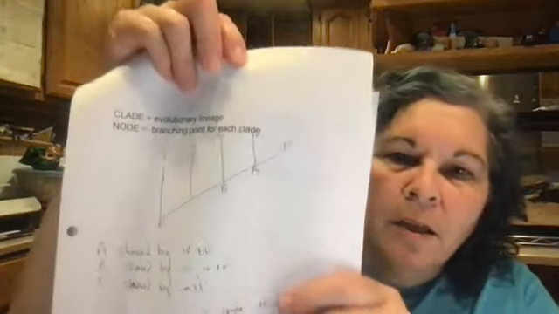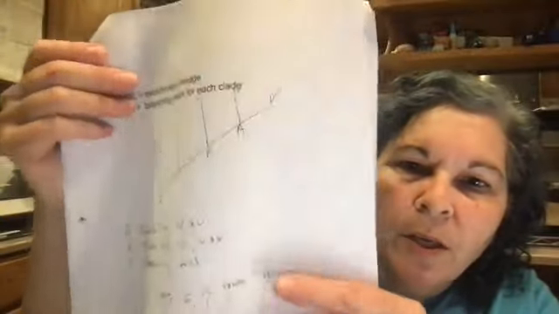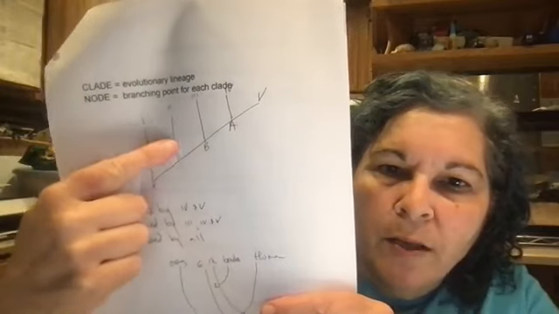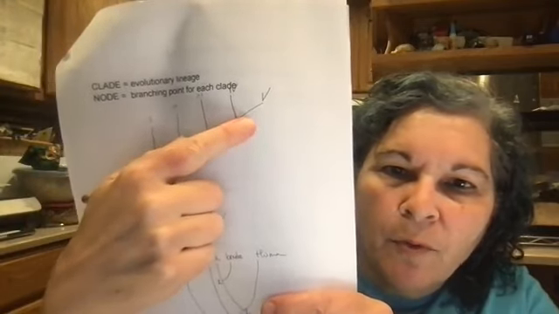With the cladogram, the clade is the evolutionary lineage, and the node is the branching point. If you're looking at this picture, you have animal 1, animal 2, animal 3, animal 4, animal 5.